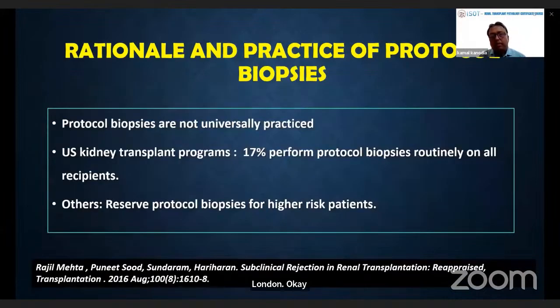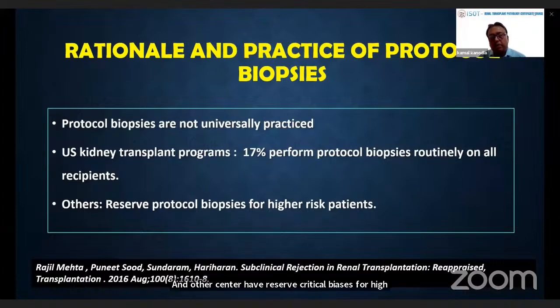Now coming to the rationale and practice of protocol biopsies. Protocol biopsies are not universally practiced. Even among US kidney transplant programs, only 17% perform protocol biopsies routinely on all recipients, and other centers have reserved protocol biopsies for high-risk patients.